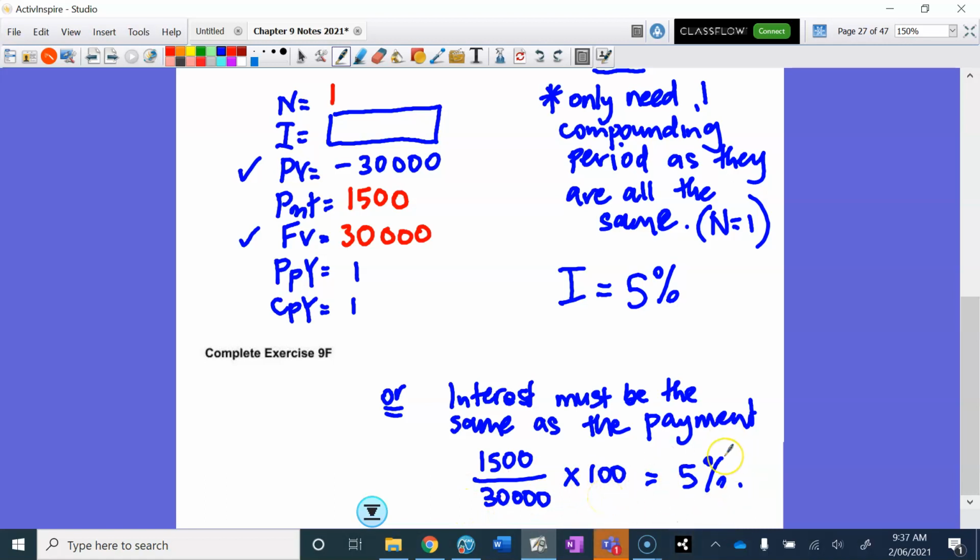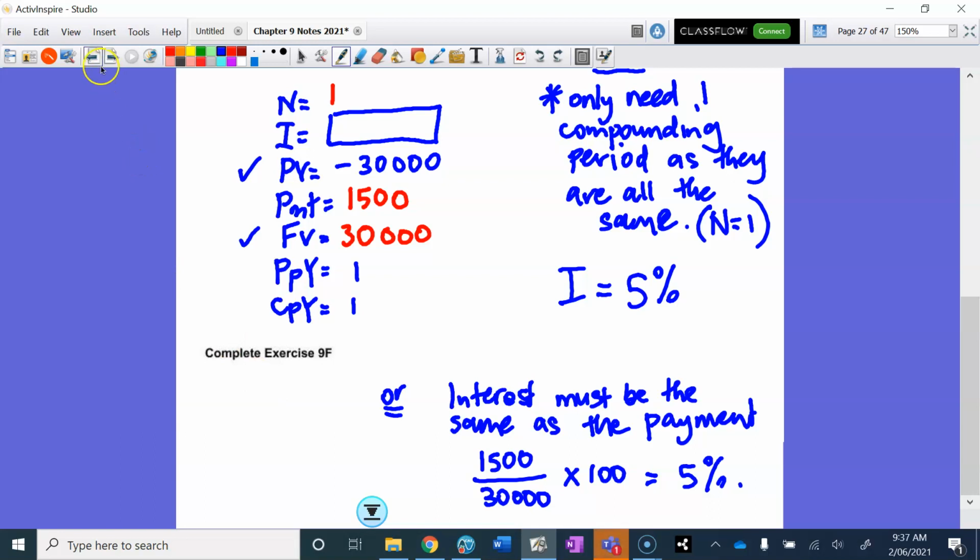I get the 5% that way. So you can do that kind of shorter, simpler calculation with a perpetuity, just like you can with an interest-only loan. Okay, so the practice questions for that sort of situation come from 9F.